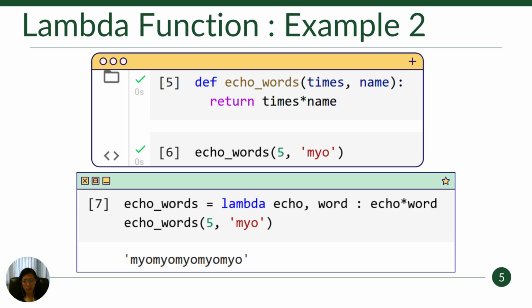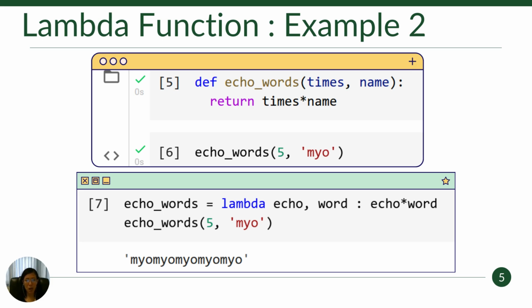Now let's see another example. In this example, echo works the same way. The yellow box is a typical definition of a function, so echo is a function we write using def. Here we have two input arguments, times and name.